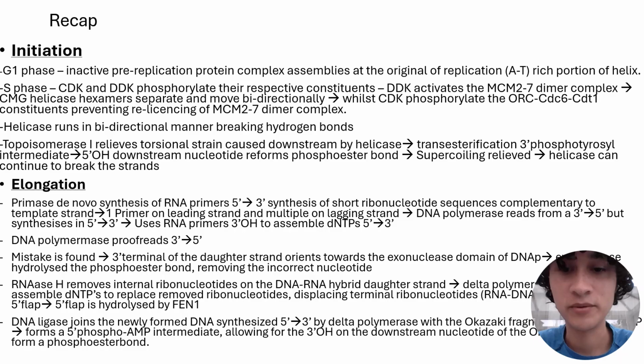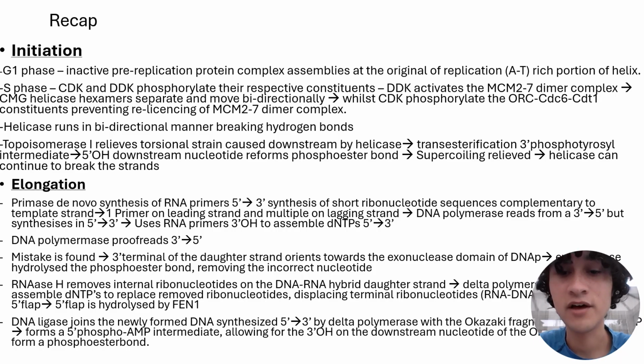So just to do a quick recap, I've got a lot of information here just in case anyone's confused. All this information you need to know is here, and you can pause it and take it down. But just to recap, we've got our initiation, which starts in the G1 phase of the cell cycle. So this is the assembly of our inactive pre-replication protein complex. Okay, so that starts off with the ORC complex, the origin recognition complex, and that recognizes the origin of replication sites on the DNA double helix.